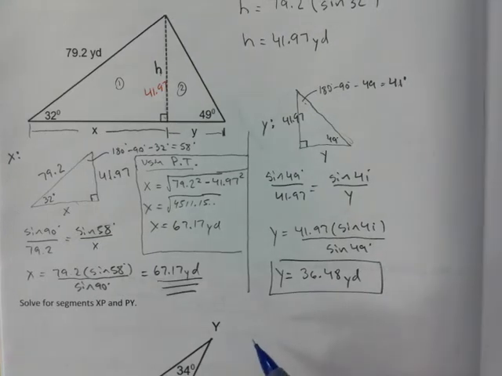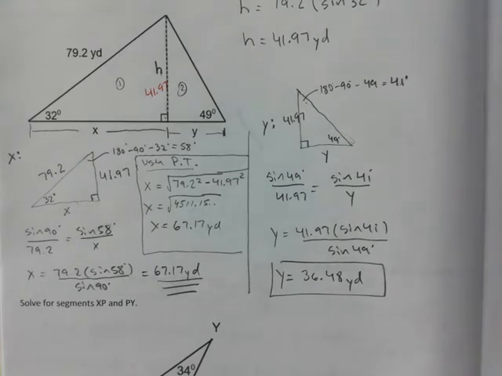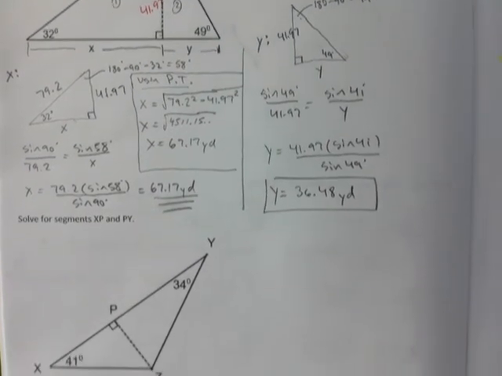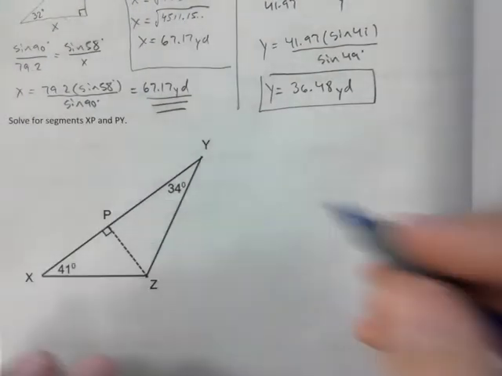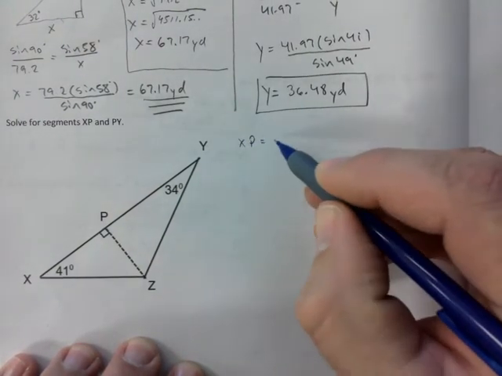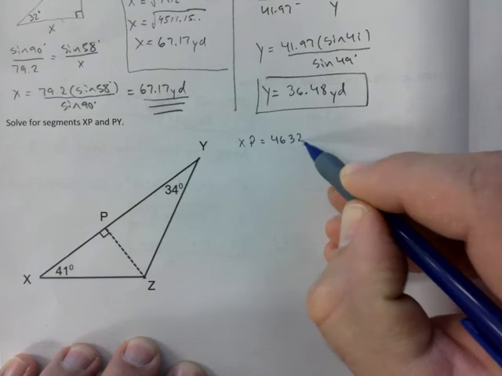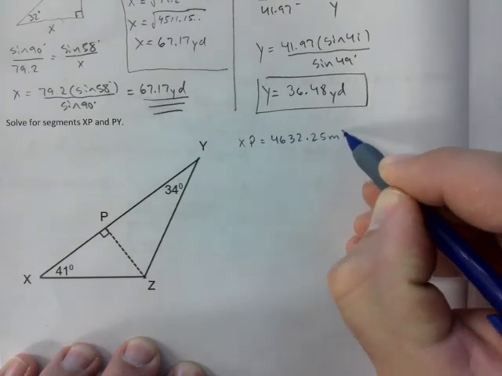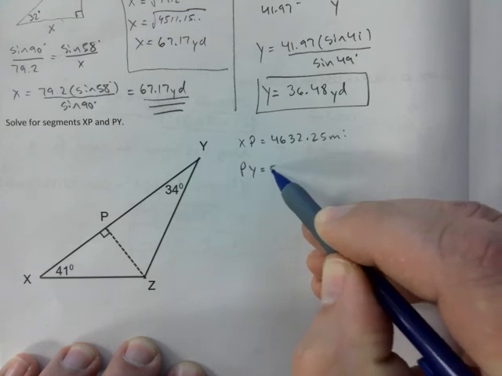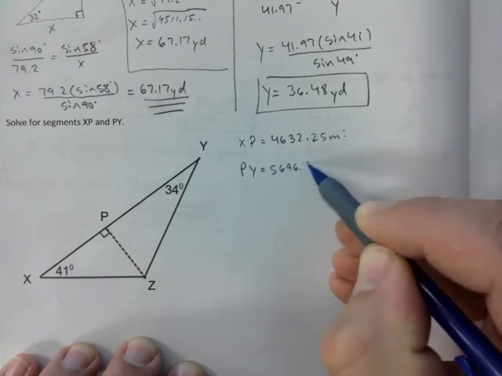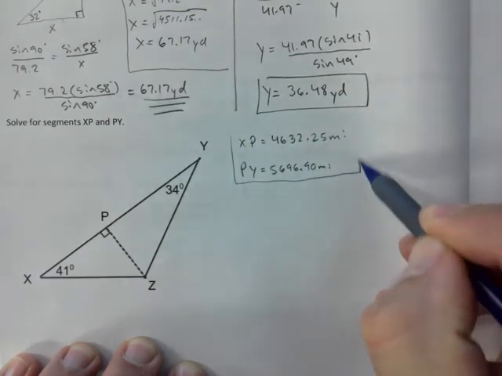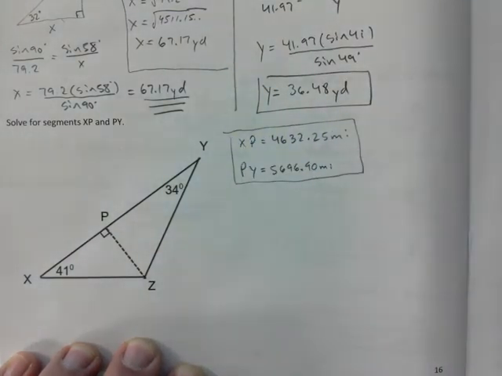I'll give the answers to the bottom one before I move on to more word problems. I'll give you the answers to the rest if you want to practice. XP is 46, 32, 25. I posted the key today. I forgot to post this last week. Here are the answers to that triangle if you want to give that one a try.